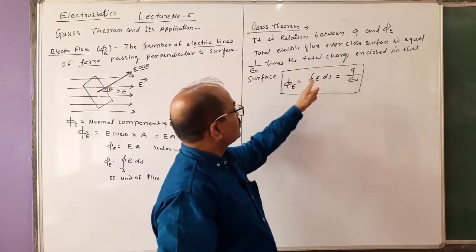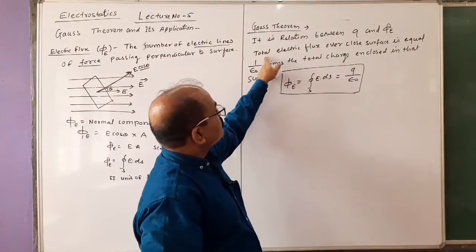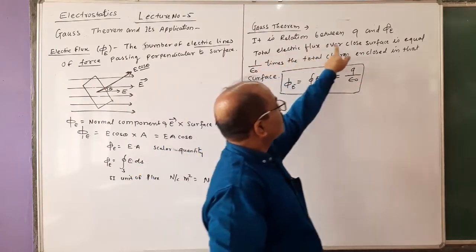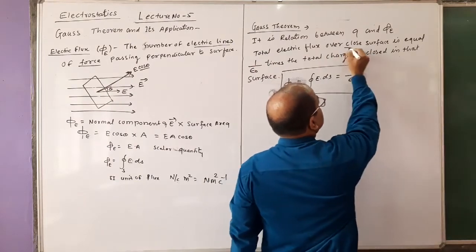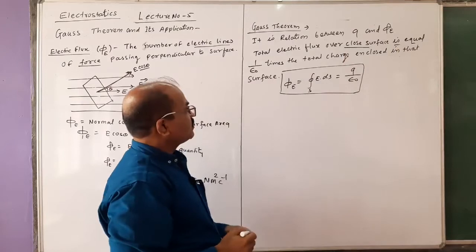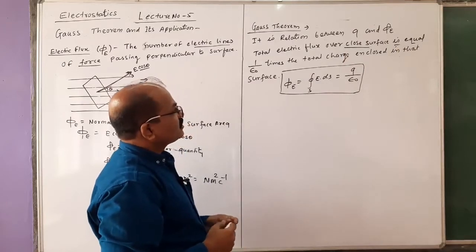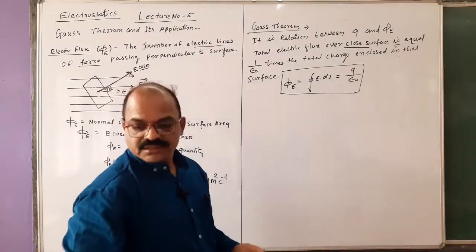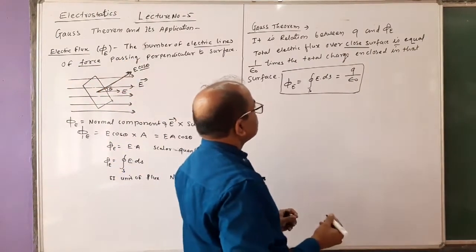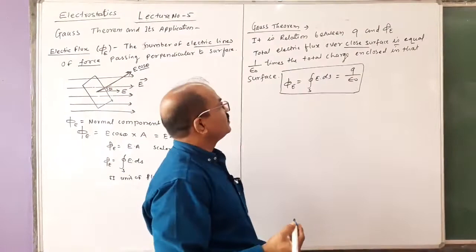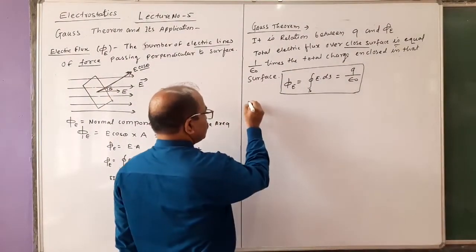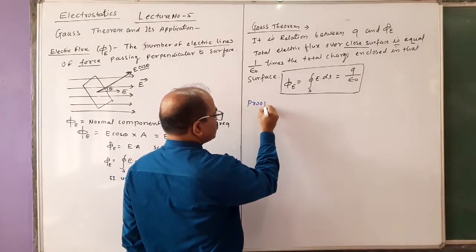It is stated in the form that the total flux over a closed surface is equal to 1 by epsilon naught times the total charge enclosed in that surface. Then we have to write the proof for this Gauss theorem.